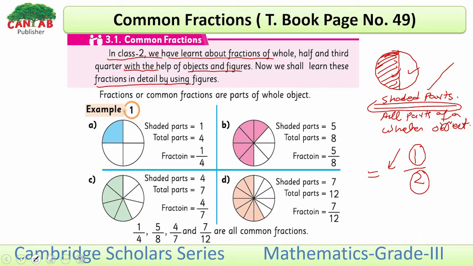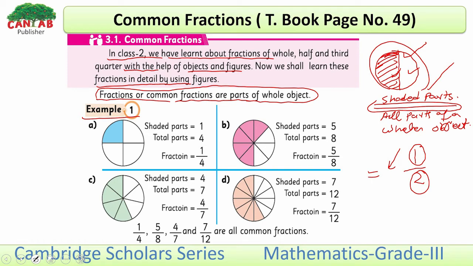Look at example number 1. You should learn this definition: common fractions are parts of whole objects. How many parts does this circle have? There are 2 parts. Now look at example number 1, part A. This is a circle divided into 4 equal parts.